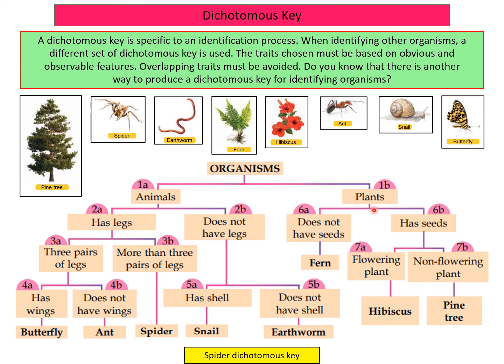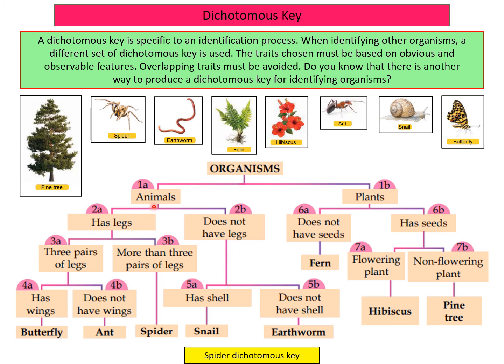Okay, and we look at snail. Example: snail. Snail is an animal. Has legs or does not have legs? Does not have legs. Has shell or does not have shell? Must be has shell. So snail is here. Snail has a shell, does not have legs, and is an animal.